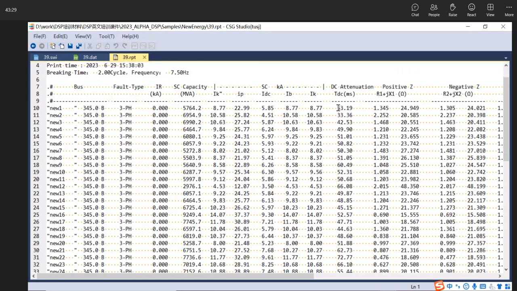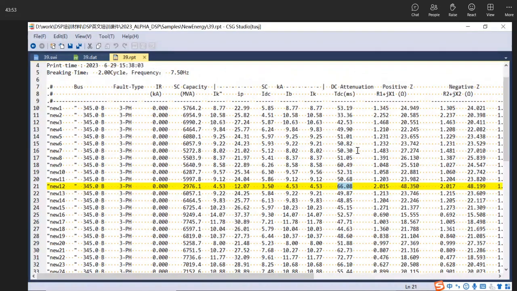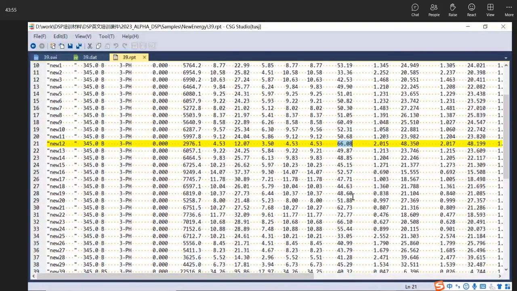So in this line, you can see the TDC means the decay time constant of the DC component of short circuit current. The bigger the number is, the slower the DC component drops.